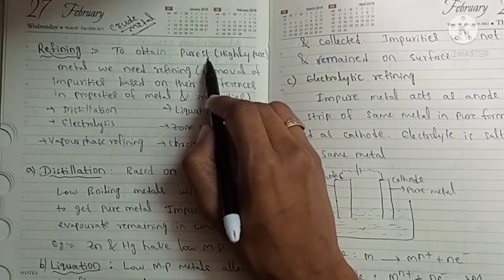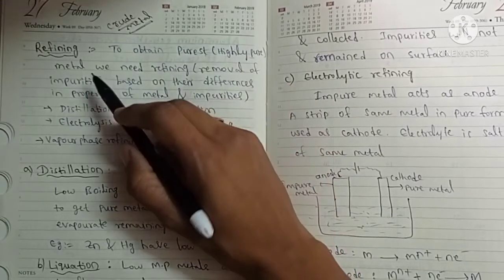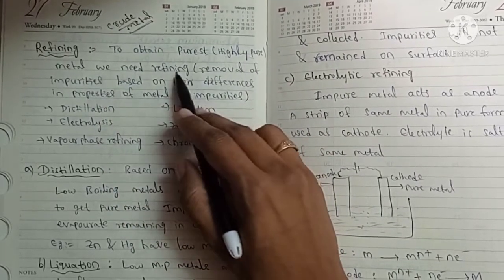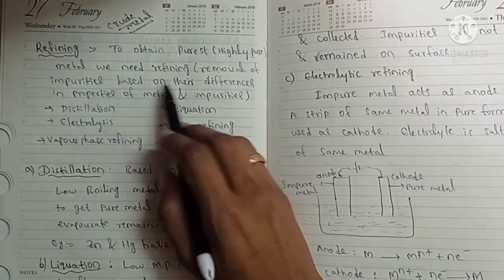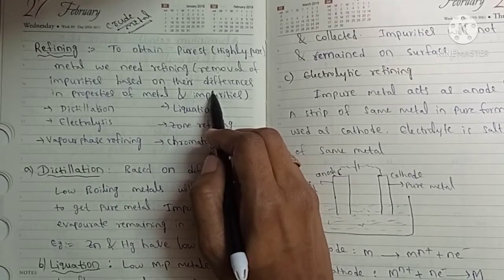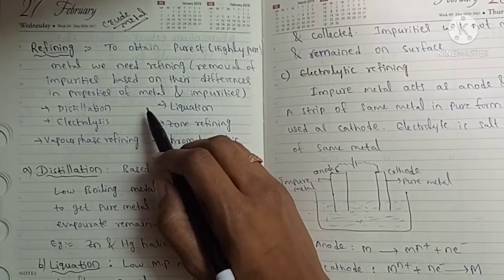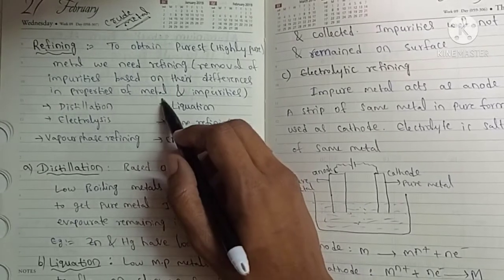To obtain a highly pure form of the metal, we need refining. Refining is nothing but removal of impurities. Metals and impurities have differences in some properties, and based on those differences, we can remove the impurities from the metal.